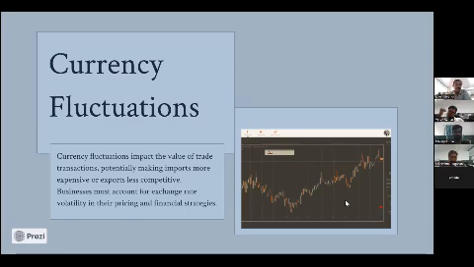Okay. Currency fluctuations impact the value of trade transactions, potentially making imports more expensive or exports less competitive. Businesses must account for exchange rate volatility in their pricing and financial strategies. If you book in advance, you will be safe. Suppose you have forgotten to book the dollar in advance; your imports, instead of buying 1000 rupees' worth of goods, may go to 1300 rupees, 1500 rupees.